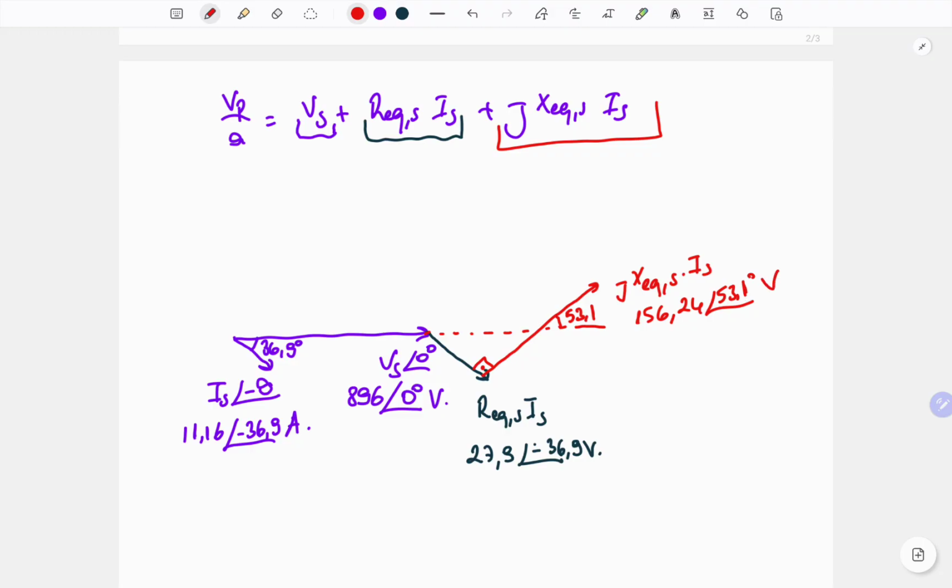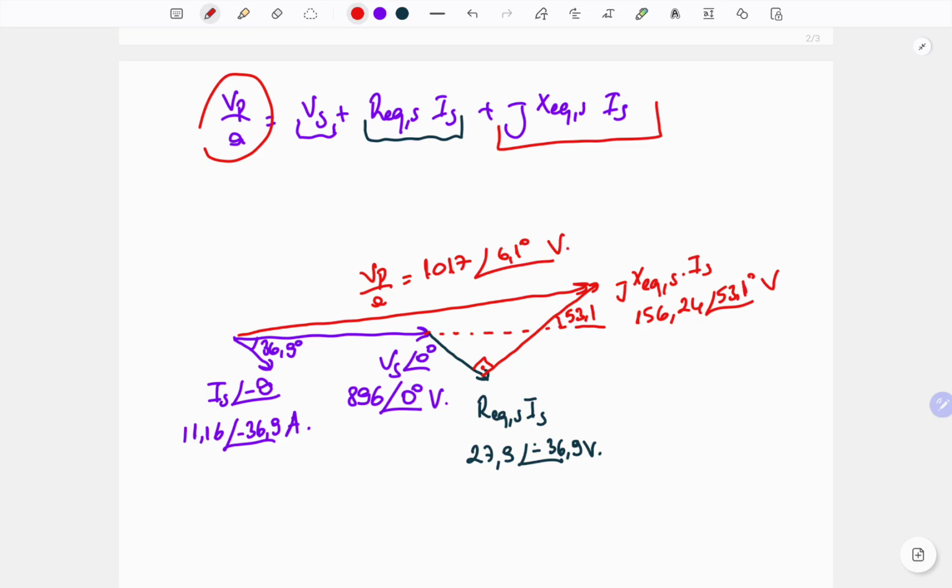And finally, our left side, Vp over A can be obtained. Its value is 1017, and its angle will be 6.1 degree with respect to reference of Vs. So here we have the angle of 6.1 degree. Okay, this is the phasor diagram of the transformer according to given operating condition.